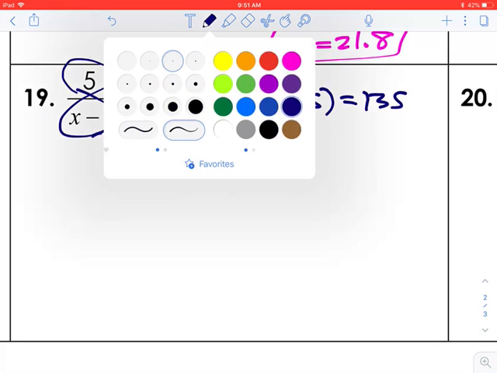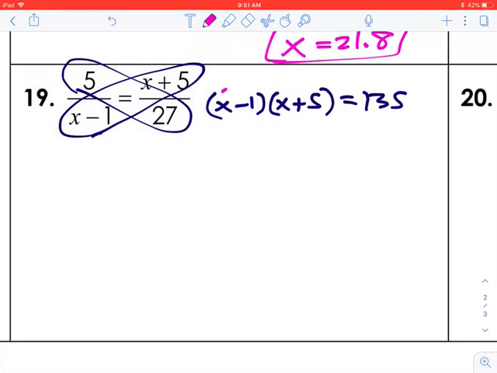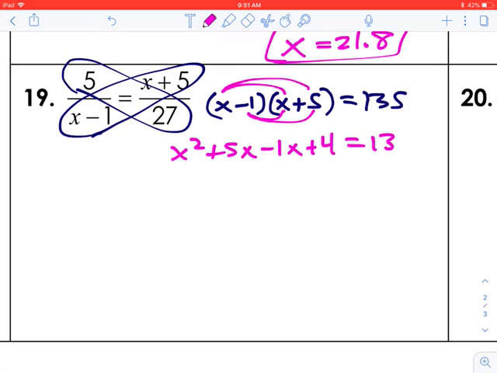When I double distribute, I get x times x is x squared, 5x, and then negative 1x, positive 4. I combine the two like terms in the middle: x squared plus 4x plus 4 equals 135.